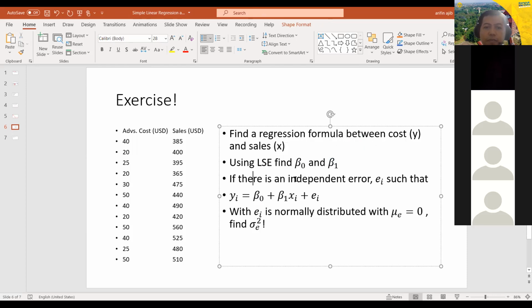And if there is an independent error, the beta 0 and beta 1 become random variables, so it's going to be a different result. So we use the mean of beta 0 and mean of beta 1 for the equation with the independent error. Is it like that? Yes, yes.